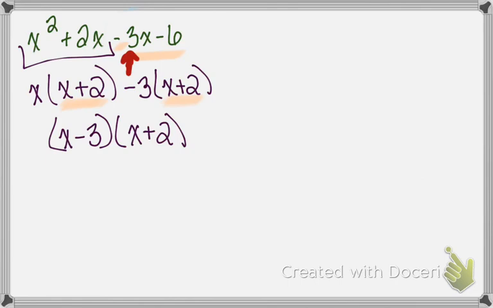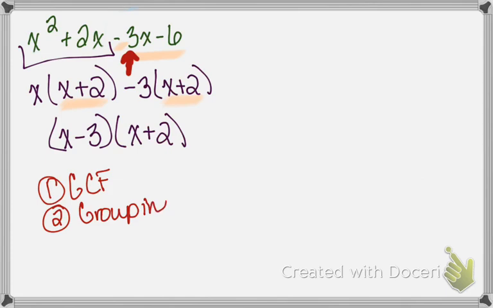Okay. Now, so the very first thing that we look at when we are doing these is we ask ourselves, is there a GCF? Is there a GCF that I can factor out of everything? The second thing when we are factoring that we ask ourselves is, can I factor this by grouping? Okay, that's the next thing I check.